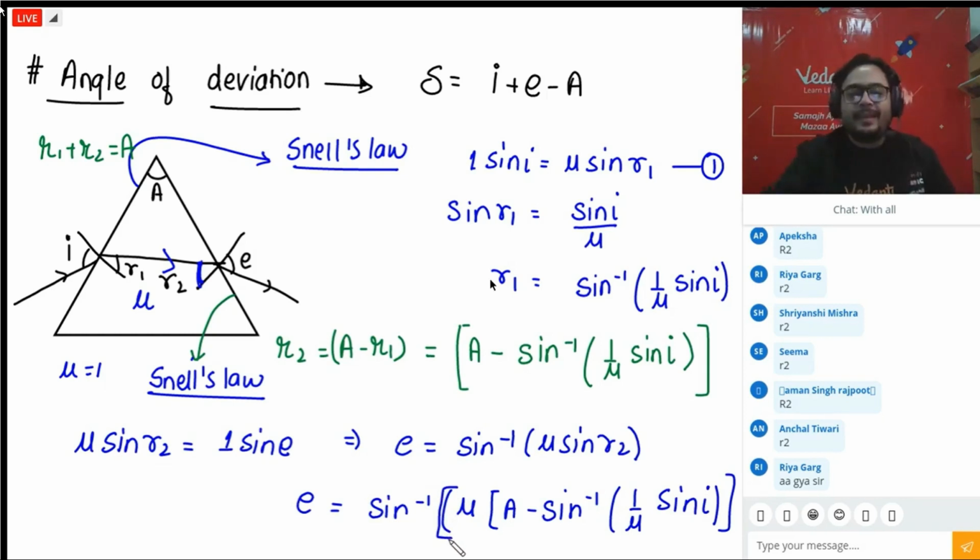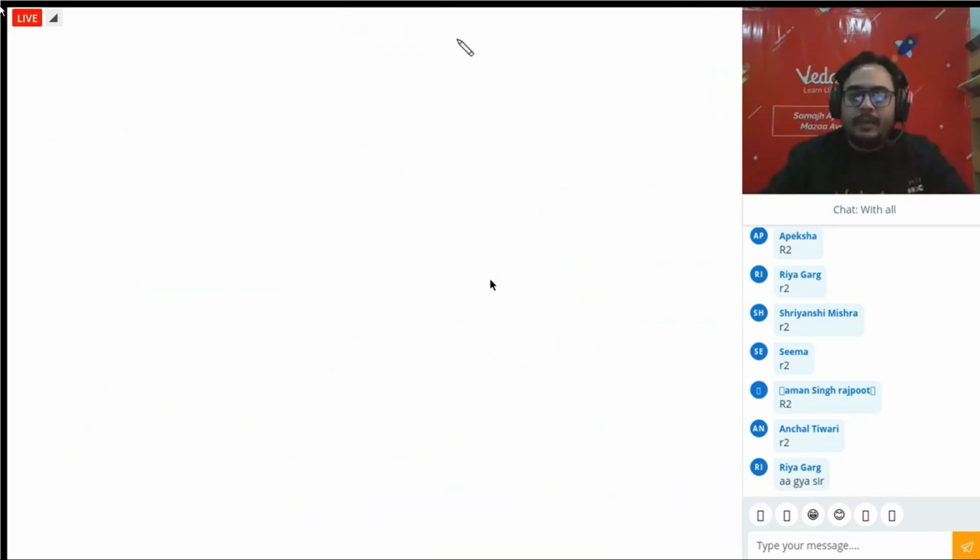What I'm trying to do, just stay with me. I will tell you what I'm trying to do. So delta I will get I plus, if I put the value of E, sine inverse of mu into A minus sine inverse of 1 by mu.